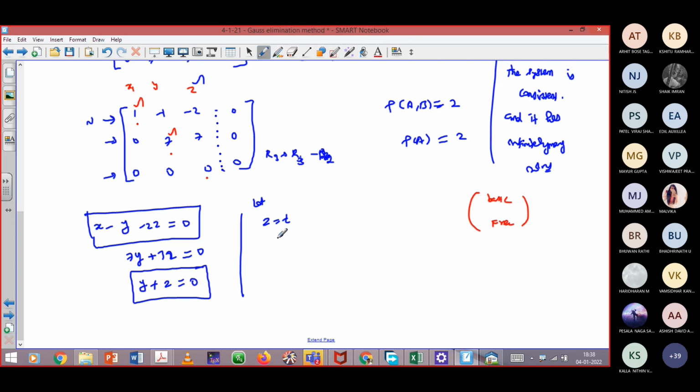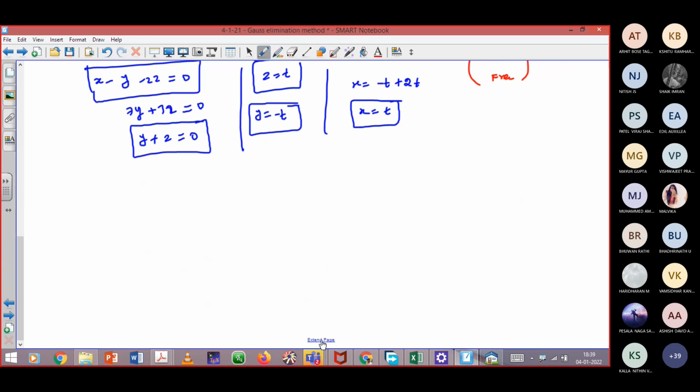This concept you would have already gone through in your 12th standard anyway. So after z equal to t, you can simply complete the problem. y equal to minus t by substituting that. Next, substituting both the y and z values, you can get x quickly: x equal to minus t plus 2t, so x equal to t.